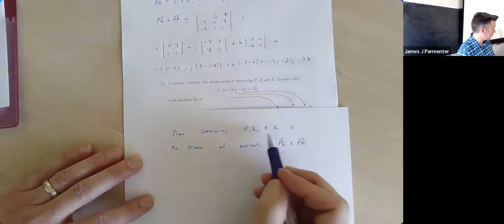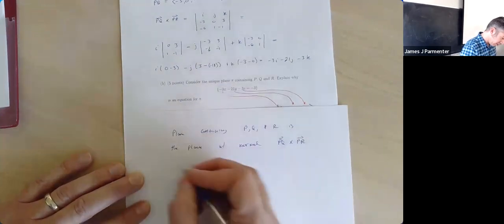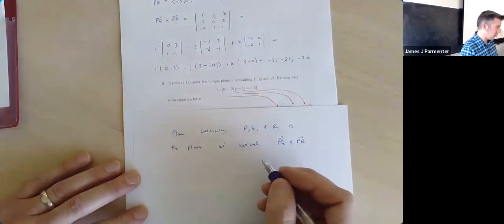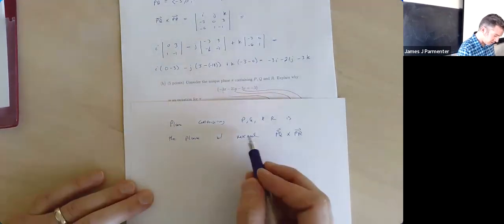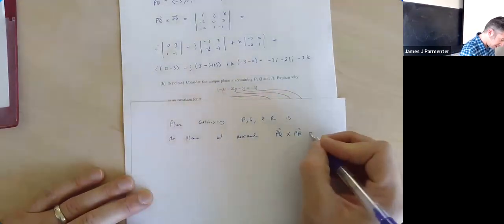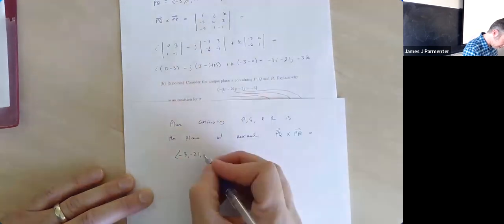And it has to contain one of those points. If you really want to get into it, we could say the following. This vector, which we just found, is -3, -21, -3. So that vector is normal to our plane.